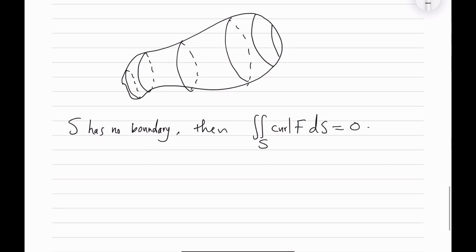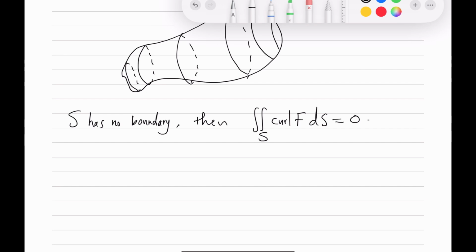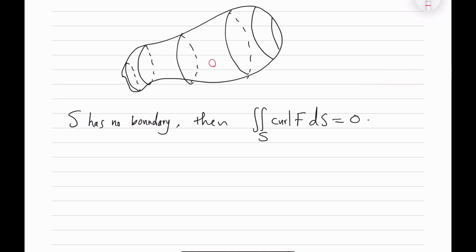Now I want to show you how this follows from Stokes' theorem. So in this picture we don't even know how to apply Stokes' theorem because we don't even have a boundary. So what we do instead is we create a boundary. So we cut a disk out of this surface and we completely remove it and toss it away. And now look at the remainder of this picture. It will be a surface with boundary, and the boundary will be exactly the disk that we removed.